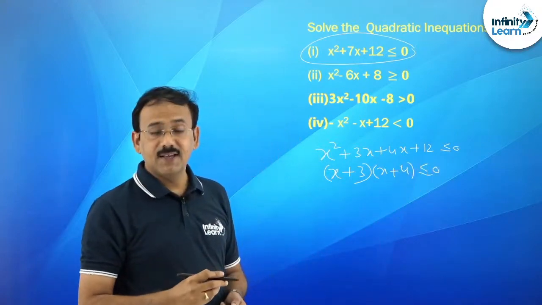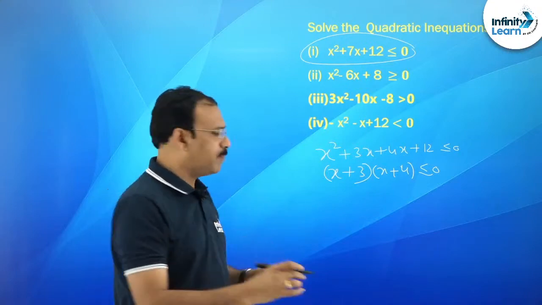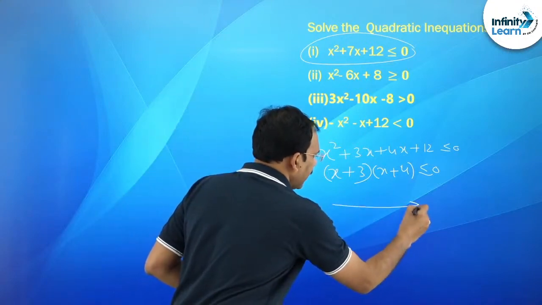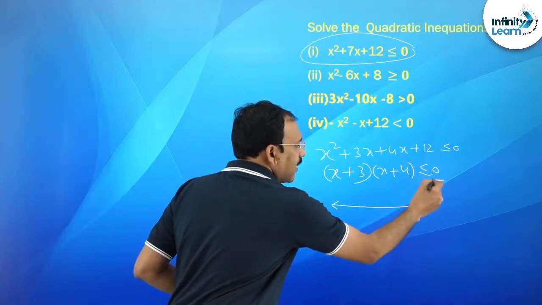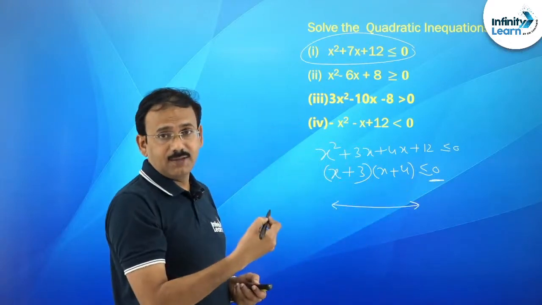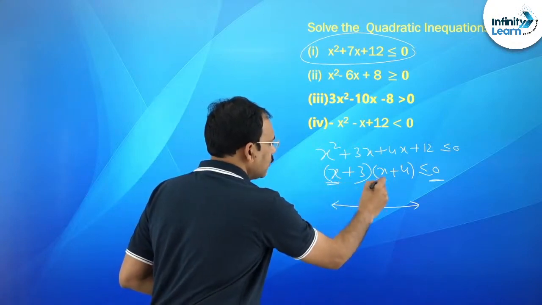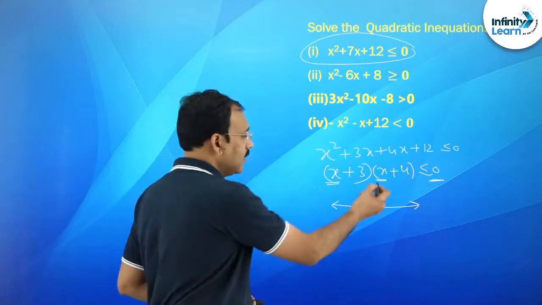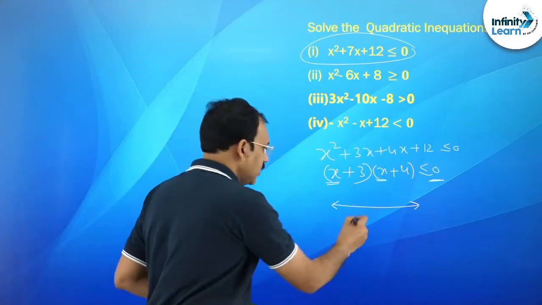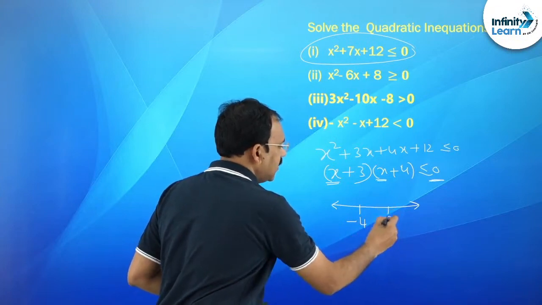Am I correct? Now friends, by the previous logic, very simple, you take the number line. First thing that you need to confirm is that 0 is on the right side of the inequality symbol, and the leading coefficient is positive, fine. Now this becomes 0 at minus 3, this becomes 0 at minus 4. The small number, minus 4, comes on the number line first, then minus 3.